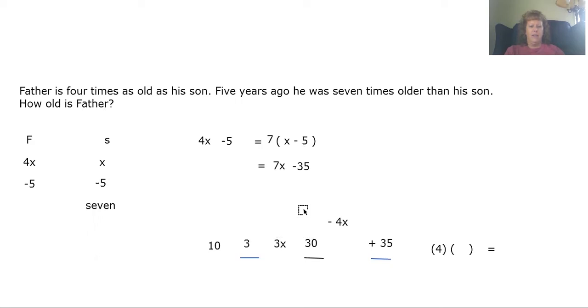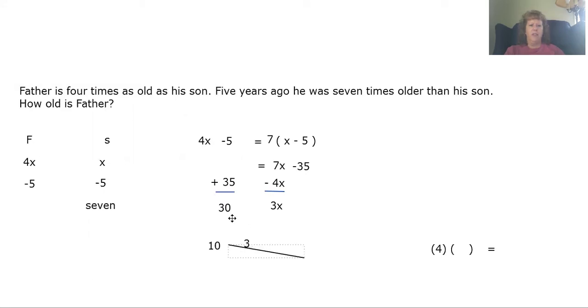This side of the equation stays the same. If we subtract 4x from this side and we add 35, which is the opposite, to this side, we have 3x is equal to 30.